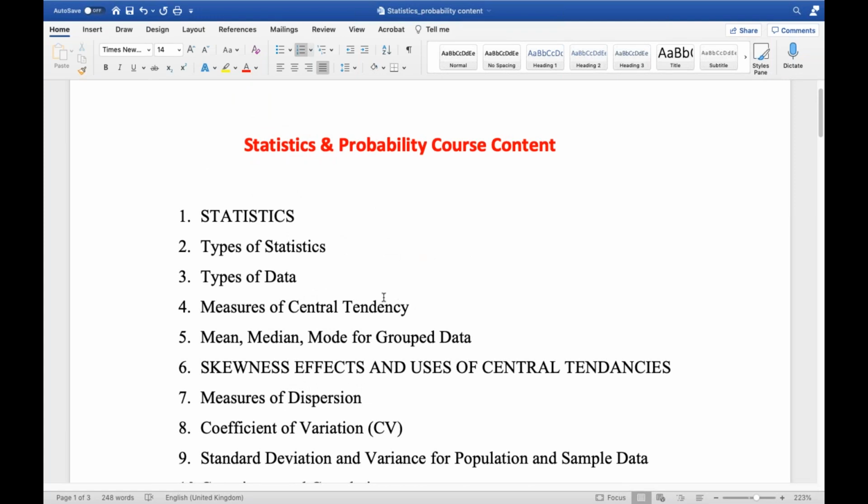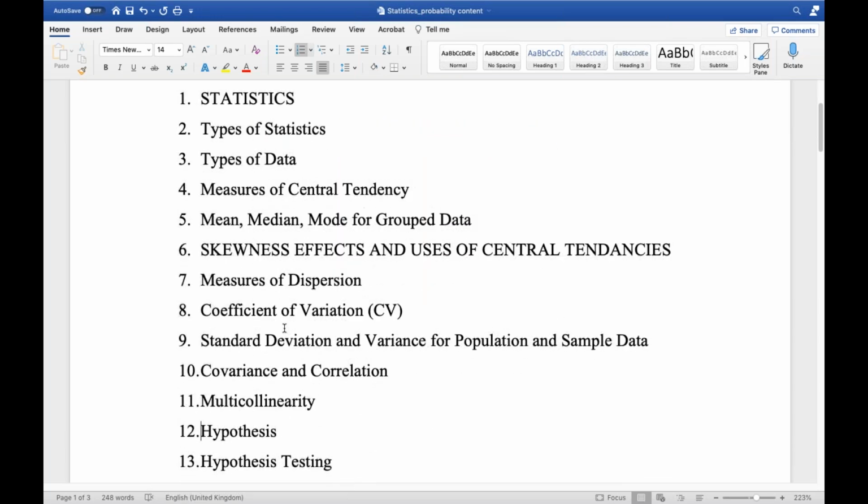I want to make this a standardized statistics and probability course, so that people can easily get a job if they have real knowledge in statistics and probability. That is the reason I am focusing more on statistics and probability concepts. Actually, I missed two or three concepts over here. Definitely, I can add them.